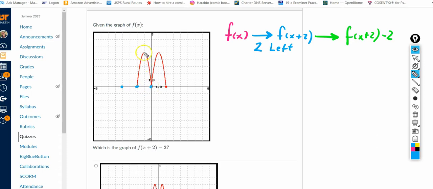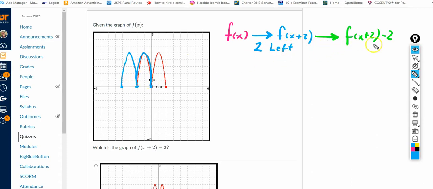And then these 2 humps will be shifted 2 to the left. And then I'm just going to freehand draw them in there. All right, so that's the picture of the blue one.